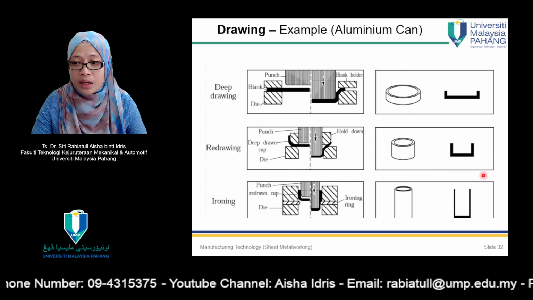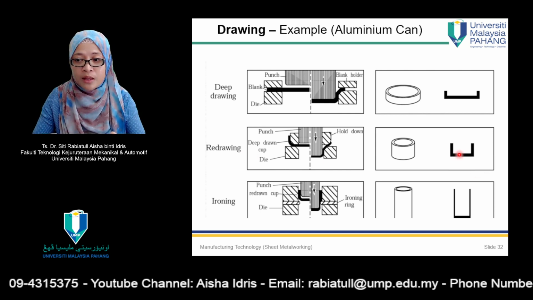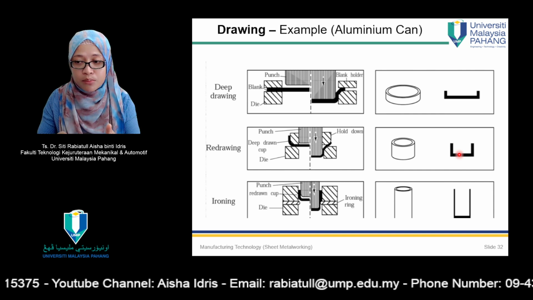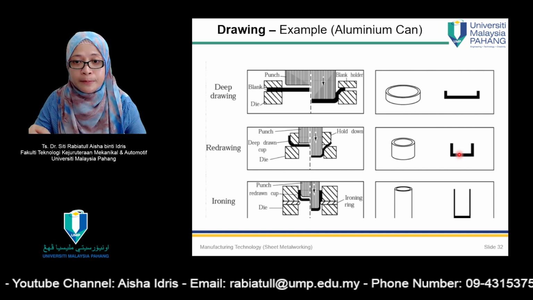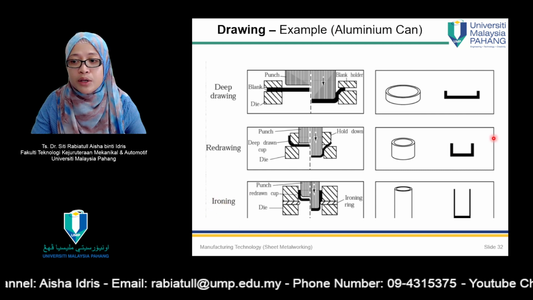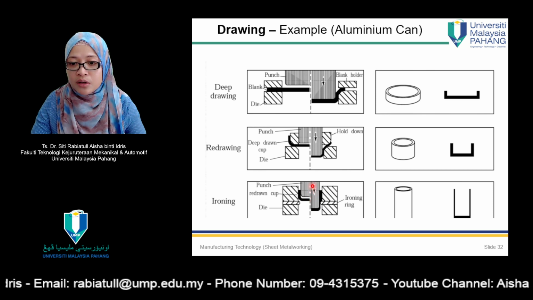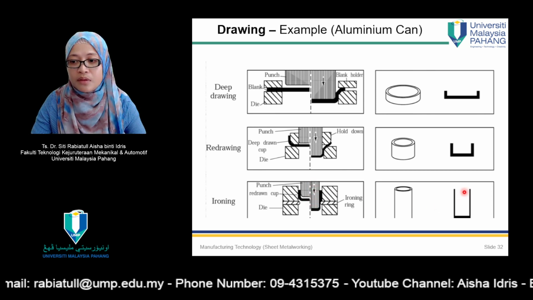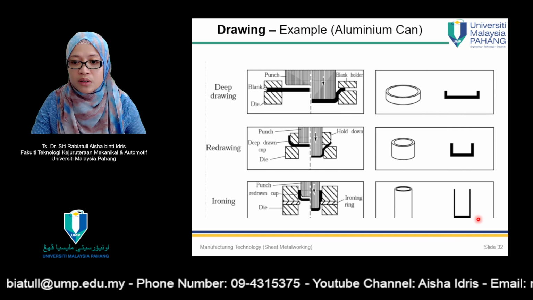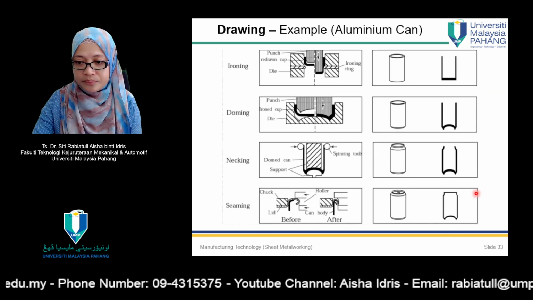It redraws again, so the shape will be slightly smaller. The diameter becomes slightly smaller, and the depth keeps increasing. And then ironing, which means using the redrawn cup, we iron it again. It will become thinner and longer.